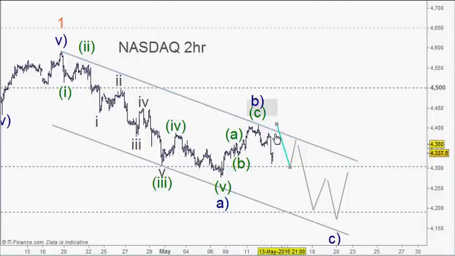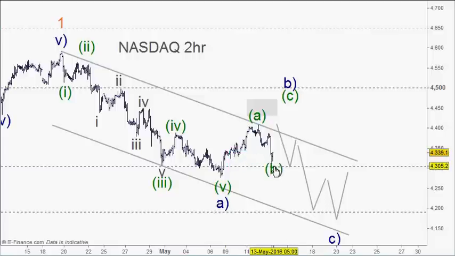Now, if I was wrong here, we haven't actually reached the 61.8% mark here. It's not the end of the world, but we could possibly still be in it, in terms of the Nasdaq, with an A wave here, a B wave here, and then a C wave up here for 5 waves up in this direction.